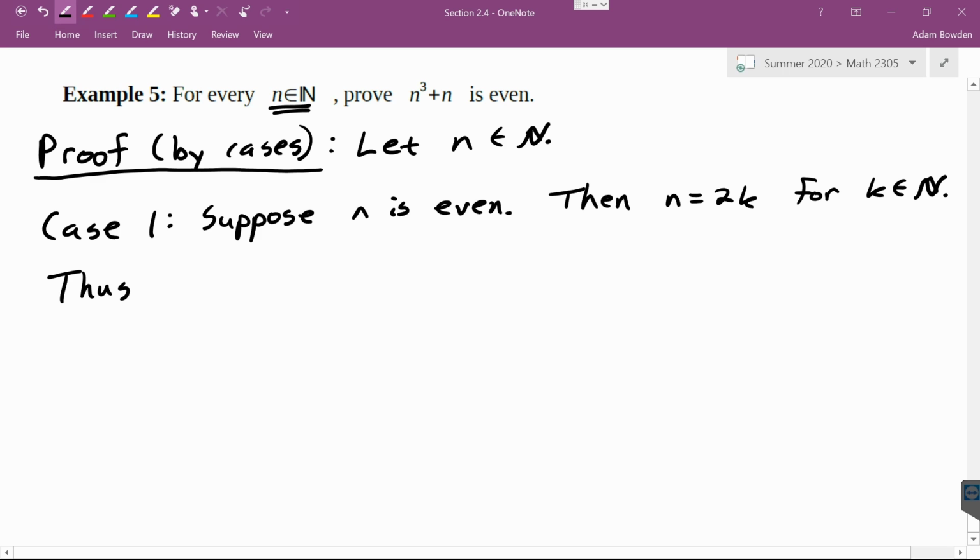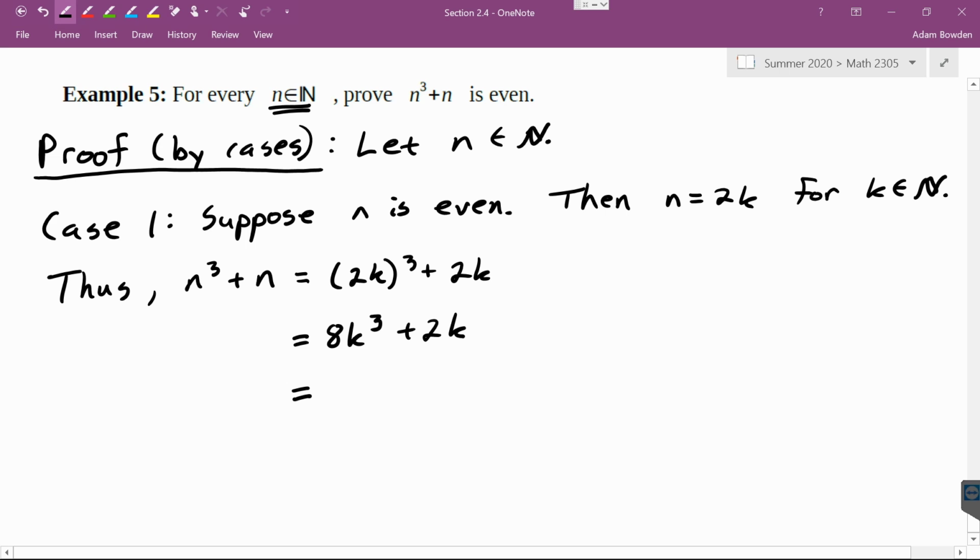And as a result, we can say that n cubed plus n, substituting n, would give us 2k to the third plus 2k. That would be equal to 8k cubed plus 2k. And let's see if we can make this into a multiple of 2.